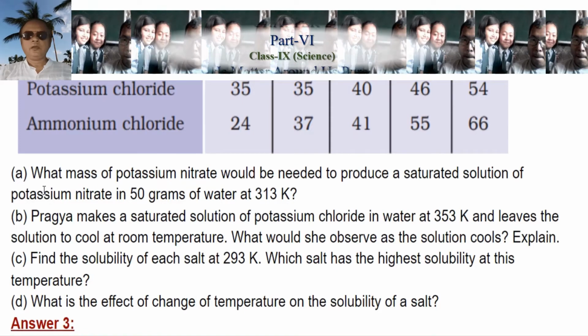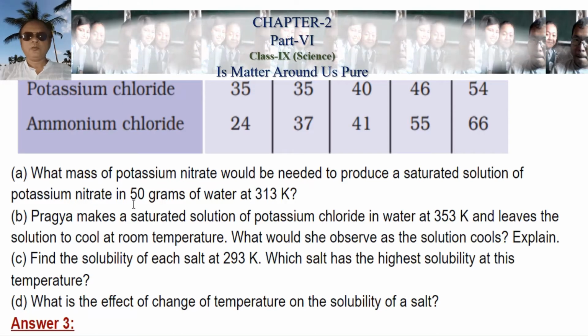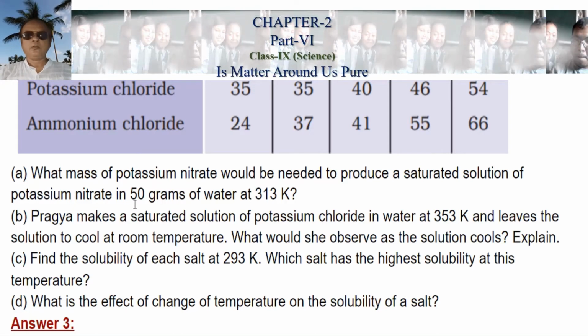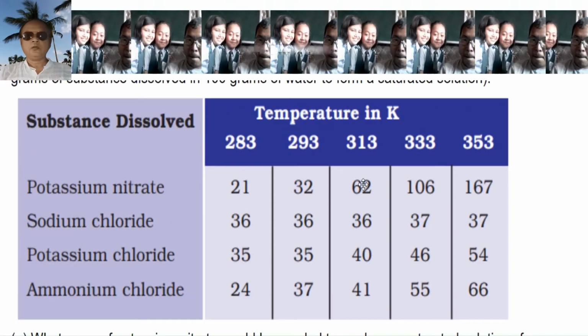So the question is: what mass of potassium nitrate would be needed to produce a saturated solution of potassium nitrate in 50 grams of water at 333 Kelvin? At 100 grams of water, the solubility of potassium nitrate is how much? 62.